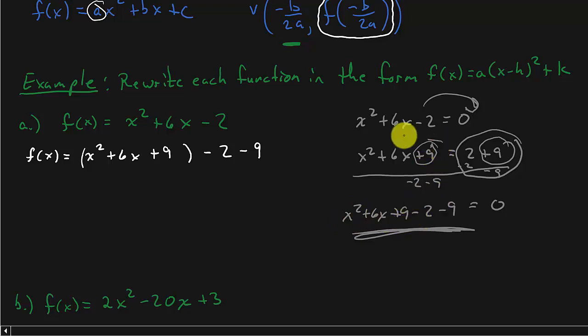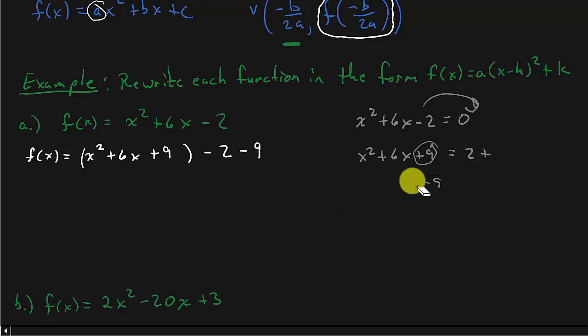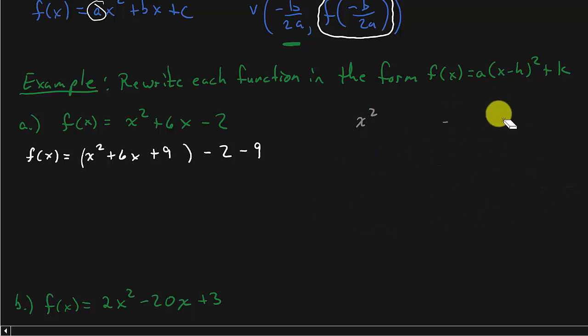So see, I've got this, which is right here, and then I brought this over, minus 2 minus 9. So remember, whenever you're converting these things, if you add something, then you have to subtract it if you're staying on the same side of the equal sign. But if you go to the other side of the equal sign, if you add it to this side, then you have to also add it to this side. But in this case, we're staying on the same side.